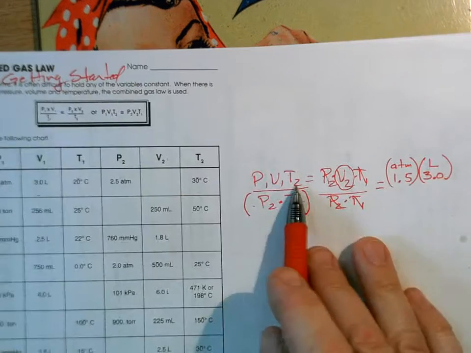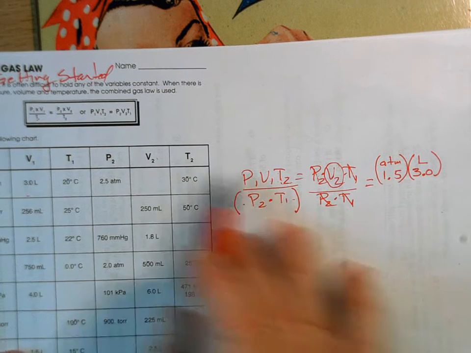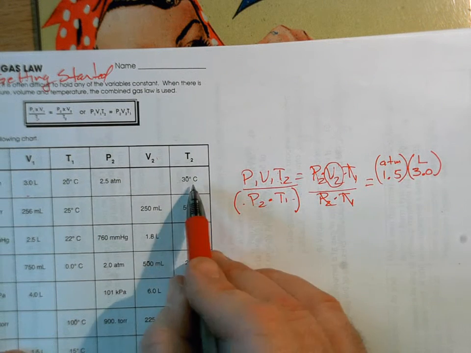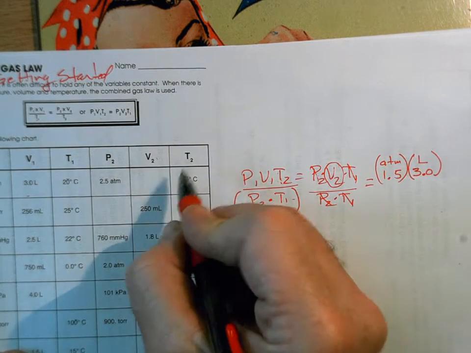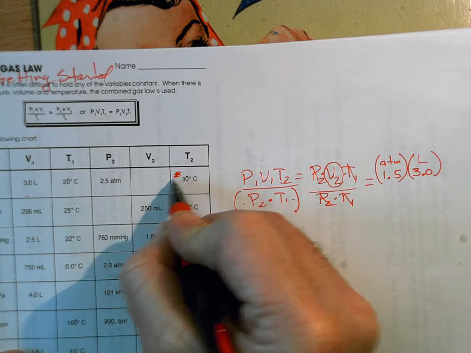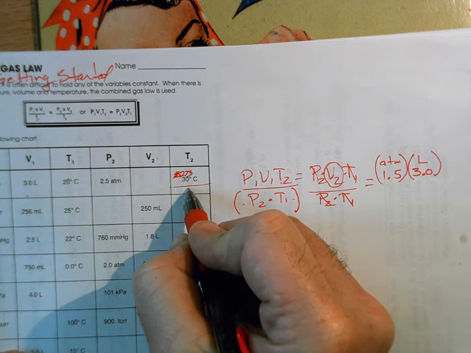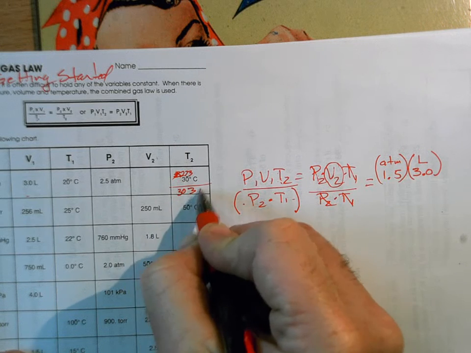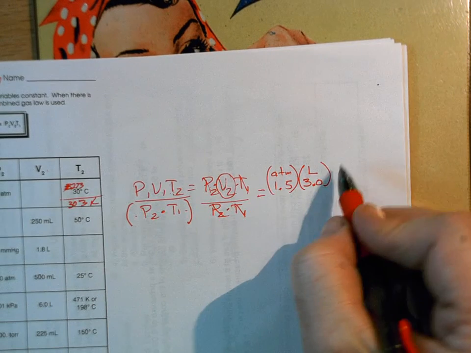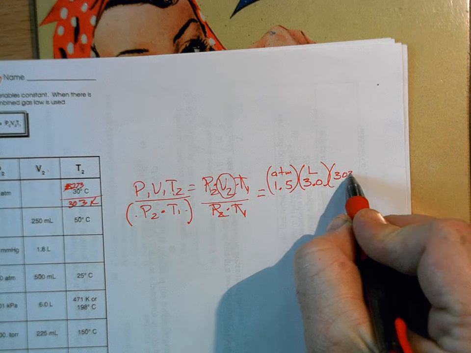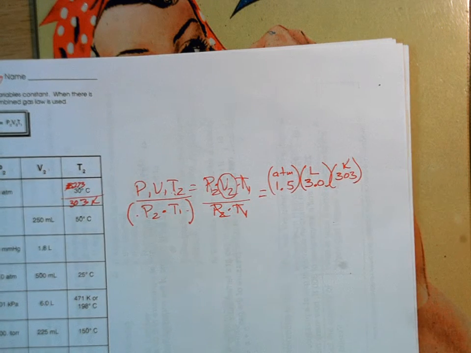And then we need to multiply that by temperature 2, which is 30 degrees Celsius. Always on gas laws, we need to use Kelvin. So we add 273 to this, which makes it 303 Kelvin.